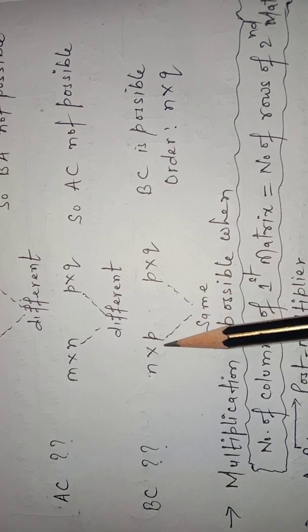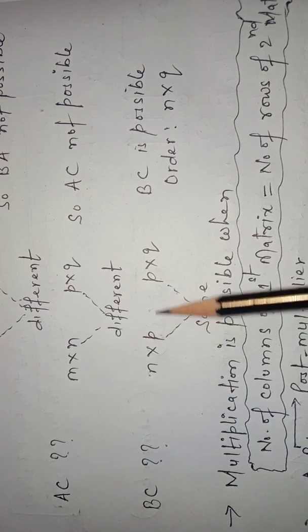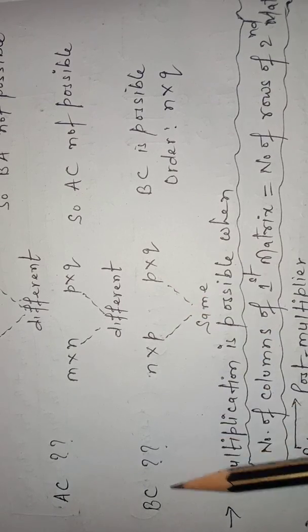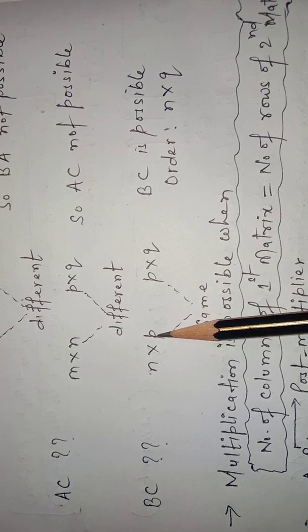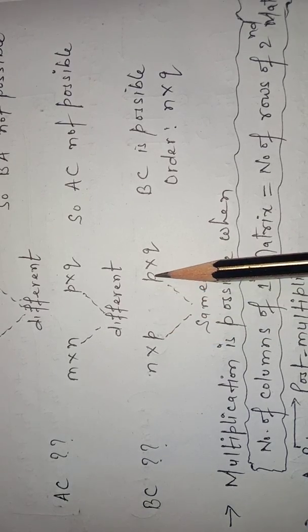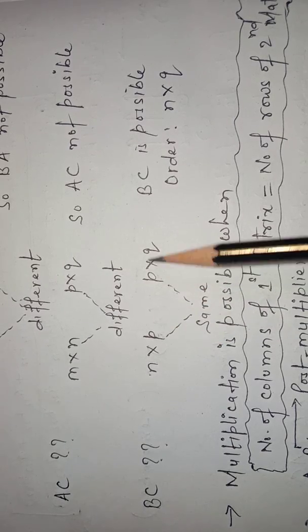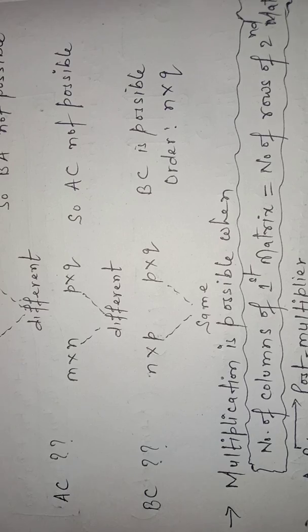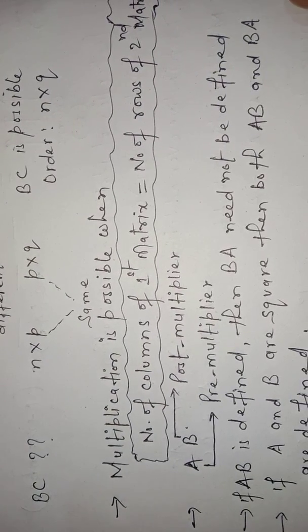So when the column of matrix B, which is the first matrix, is equal to the row of the second matrix, which is C, then we can say that the multiplication is possible. Okay, I hope it is clear.